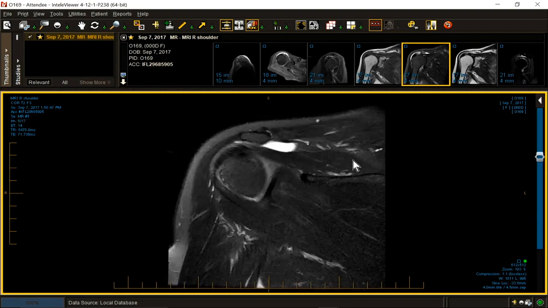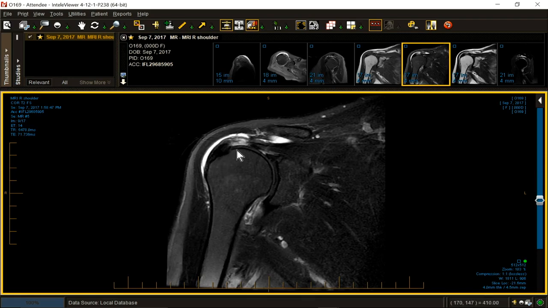The area immediately medial to that is devoid of cartilage. Here's some cartilage. This area right here is known as the bare area. You can get tears right over the bare area or along the undersurface of the cuff, and then this would be articular-sided.